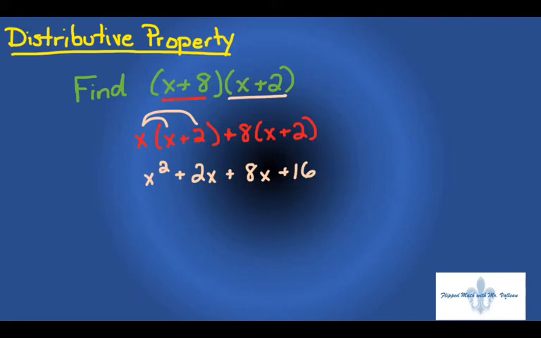Now we combine our like terms until we end up with our result of x squared plus 10x plus 16. We can't combine this anymore. We make sure that we have our highest degree monomial in front with the x squared, and there is no leading coefficient, so we have successfully multiplied this polynomial using the distributive property.